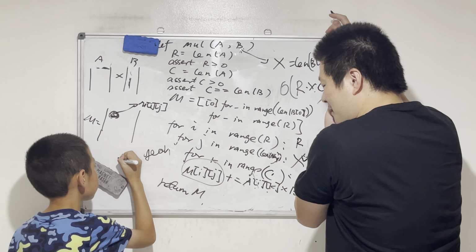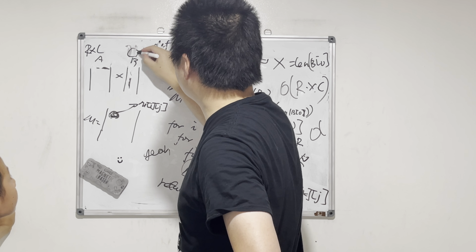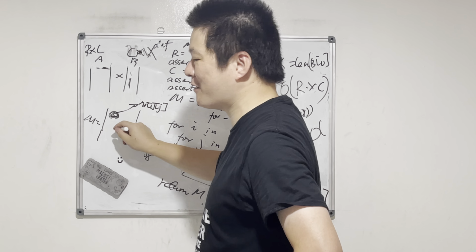What's the space complexity? What? Come on. N. What's the dimension of N? R times X. What's the dimension of B? Matrix A is R times C, and B is C times X. What's the dimension of M?